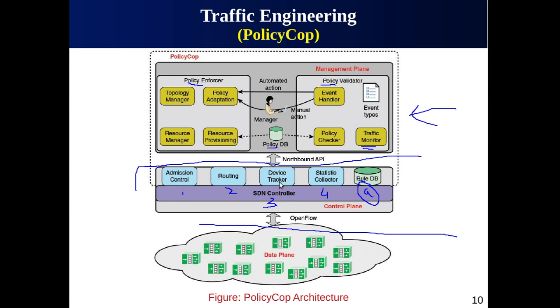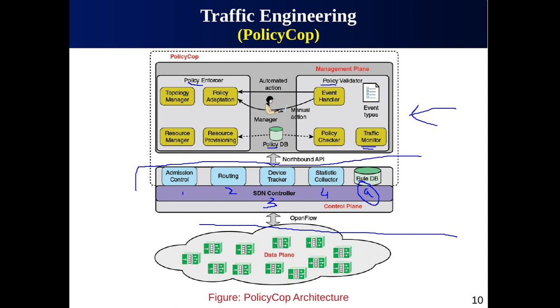And then we have the third module, that is the device tracker. It will trace the up down status of these network switches. Device tracker, these devices need to be monitored whether they are up or whether they are down. Their status must be shared with the application with the help of this module. And then we have statistical collection purposes.